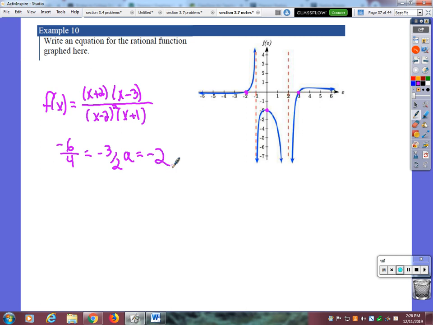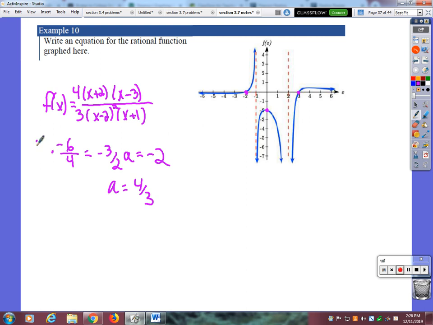So I need to multiply -3/2 by something and get -2 as an answer. What is that something? If I solve this for a, I would multiply by 2 and divide by -3, right? Multiply by the reciprocal. So that would tell me that a is equal to 4/3. So I'm going to put a 4 here and a 3 there.